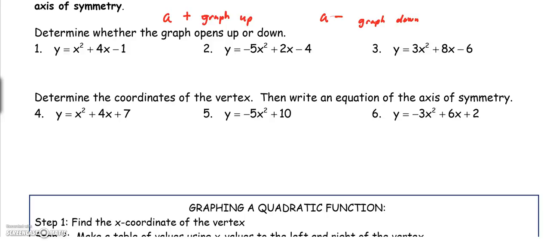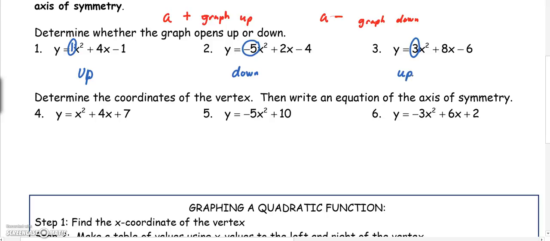So in number 1, if I look at the a value, which is in front of my x squared, that's a 1. 1 is a positive number, so my graph would open up. Number 2, if I look at my a value, it's negative 5, so my graph would open down. Number 3, my leading coefficient is 3, which is positive, so my graph would open up.